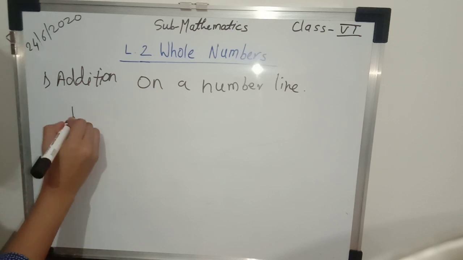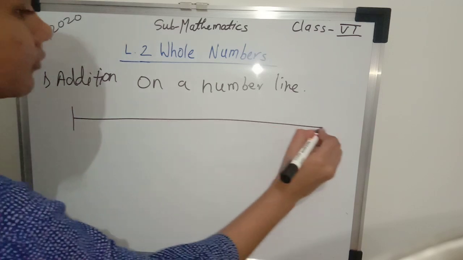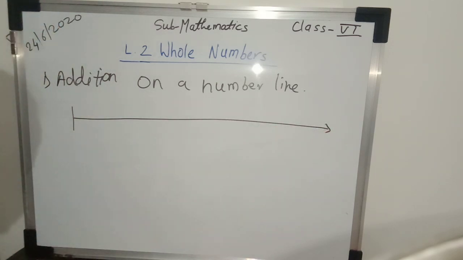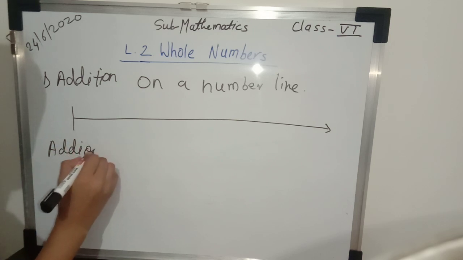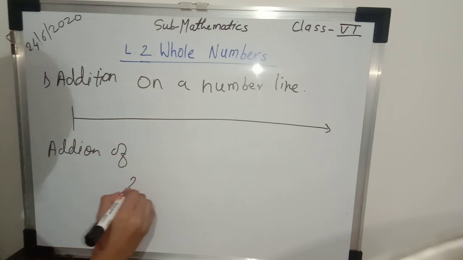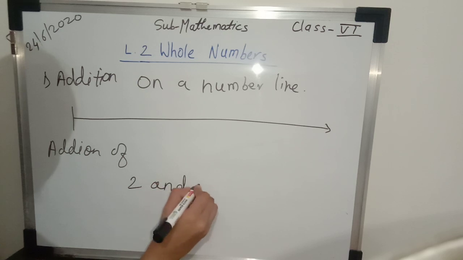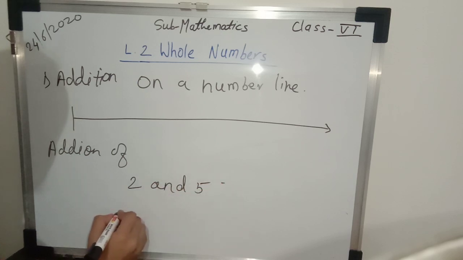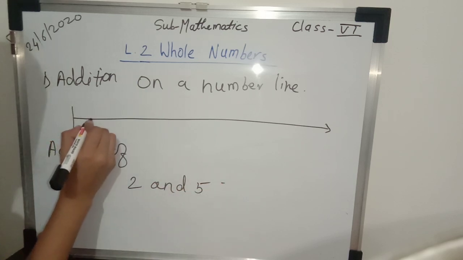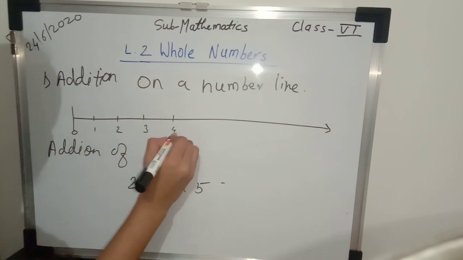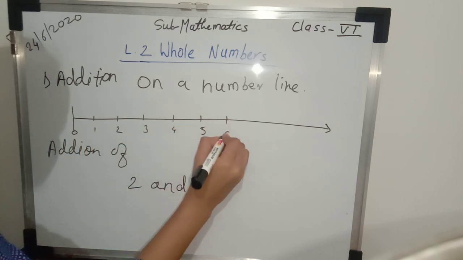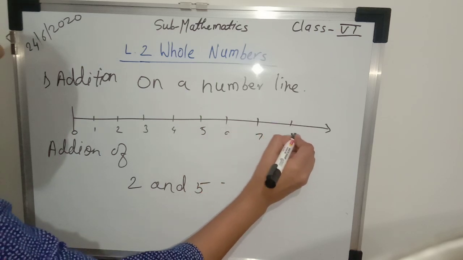So we start here, draw, and here we have to add. Let's take addition of 2 and 5. Okay, so here start with the 0, 1, 2, 3, 4, 5, 6, 7 and 8.